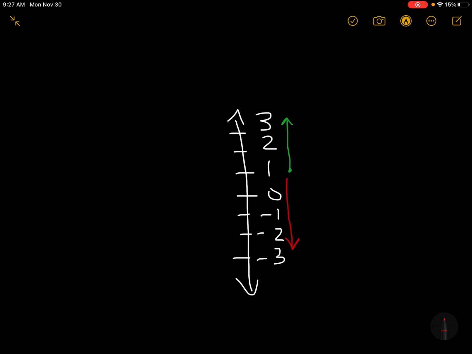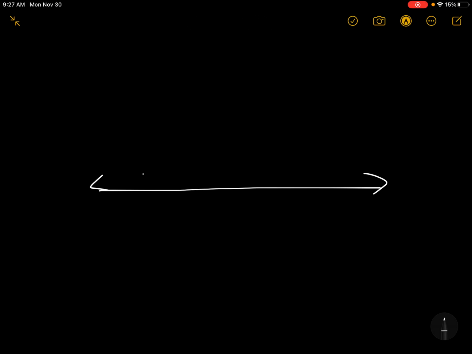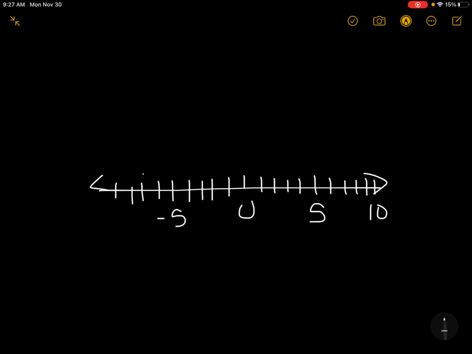So if we were going to go ahead and identify some parts of a number line, or put some numbers on a number line, say for instance we are given simply a number line that looks like this, and we are told that we need to plug in a particular set of numbers onto it, we can do that easily.